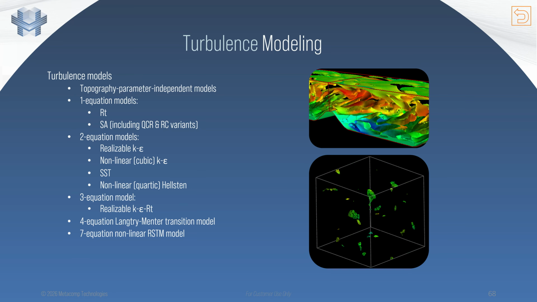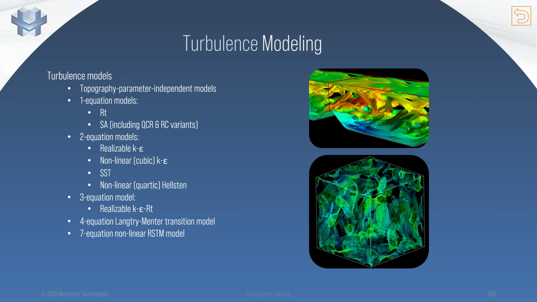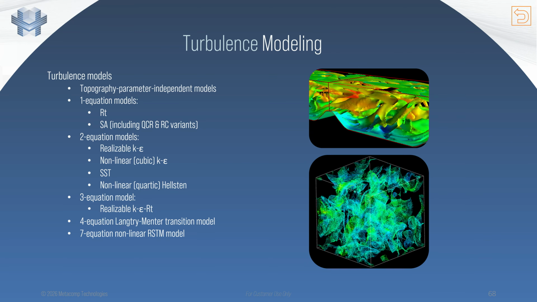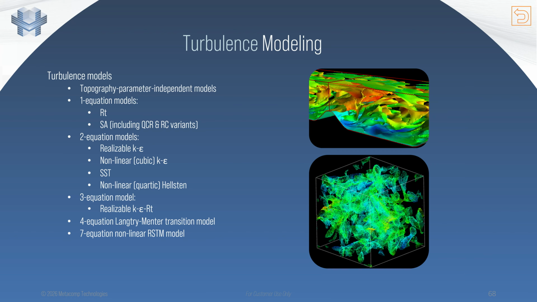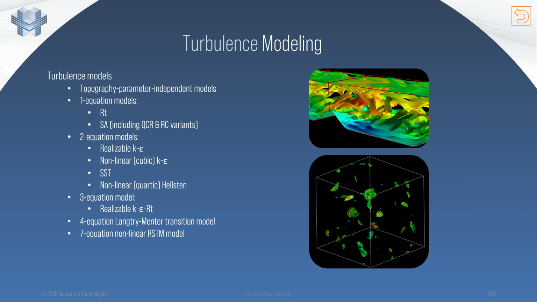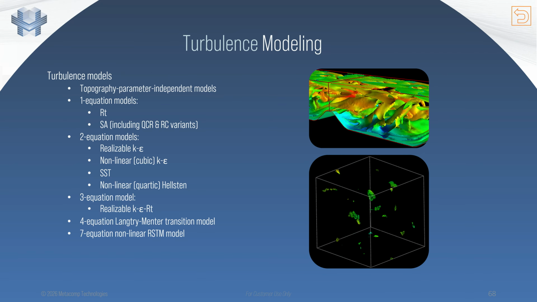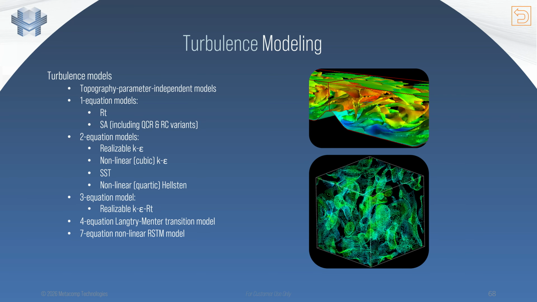The Spalart-Allmaras one-equation model is available, along with its QCR and RC extensions, accounting for normal stress anisotropy and rotation curvature effects, respectively. In the two-equation model class, the realizable and cubic k-epsilon models, the SST model, and the nonlinear Holmes model are included.